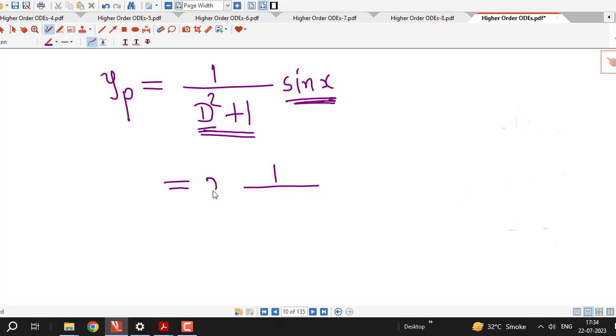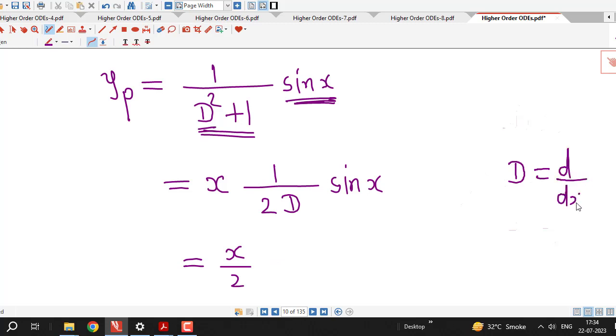So here I am multiplying by x because I am differentiating this with respect to D, and the derivative of D squared plus 1 with respect to D is 2 times D into sin x, and we know that 1 by D stands for integral, D stands for derivative with respect to x, and 1 by D stands for integral with respect to x.